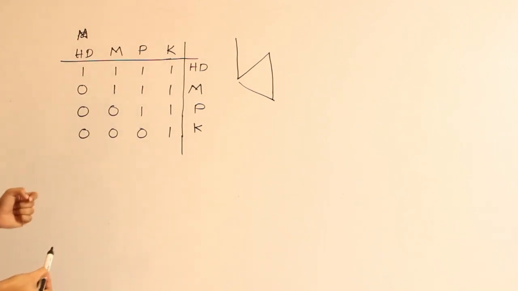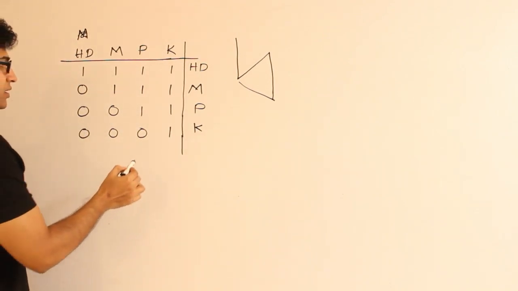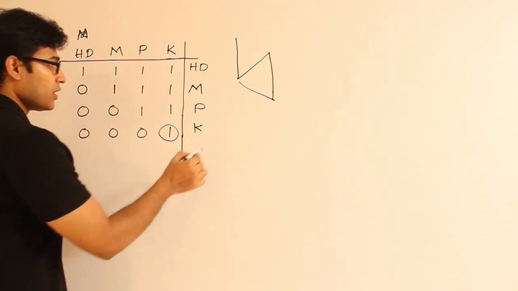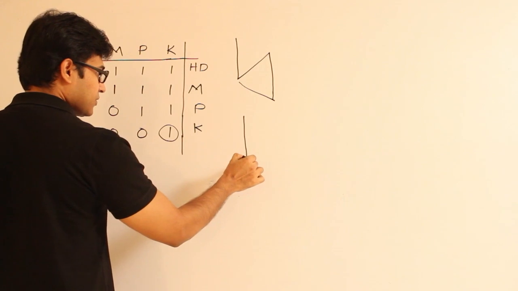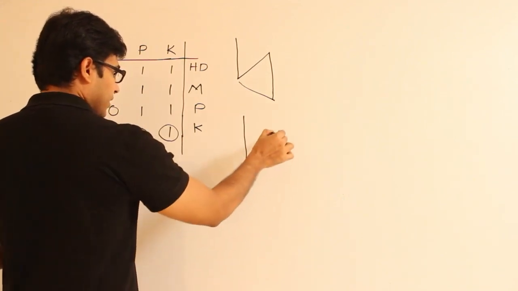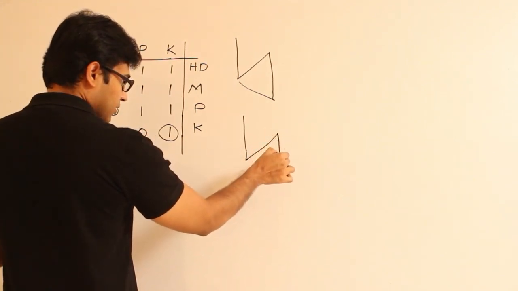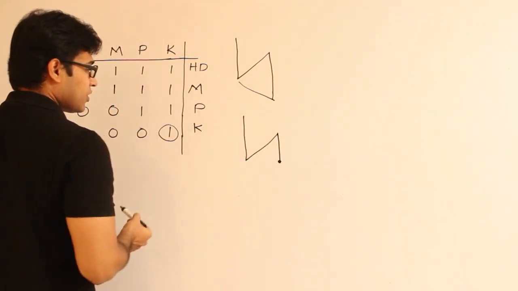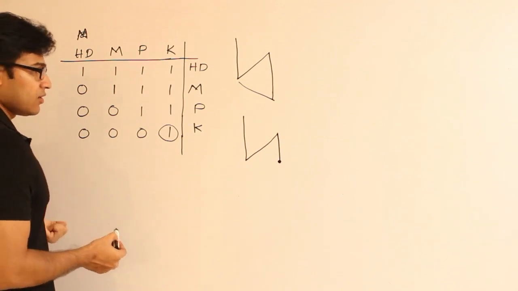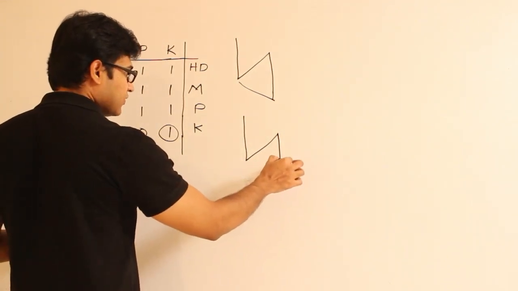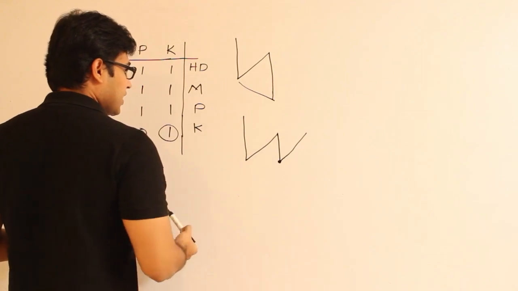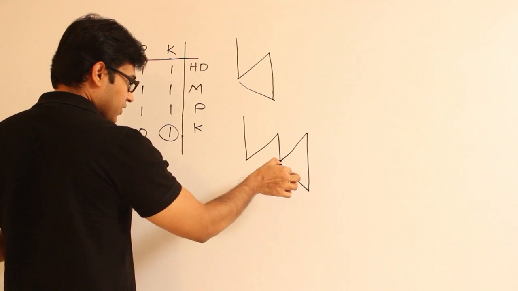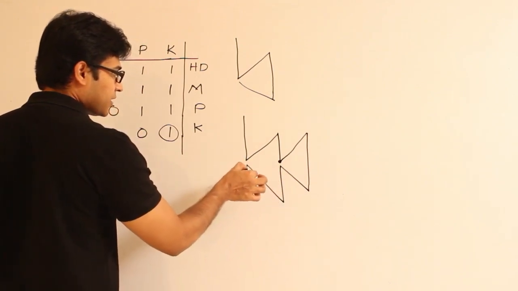Got it? Sometimes initially you might get an interrupt from a low priority device like a keyboard. While you are executing the interrupt service routine of the keyboard, suddenly you might get an interrupt from a high priority device, like the hard disk. Then you are supposed to leave it, go to the hard disk service routine, finish it completely, and then come back, finish the keyboard routine, and then return to the main program.